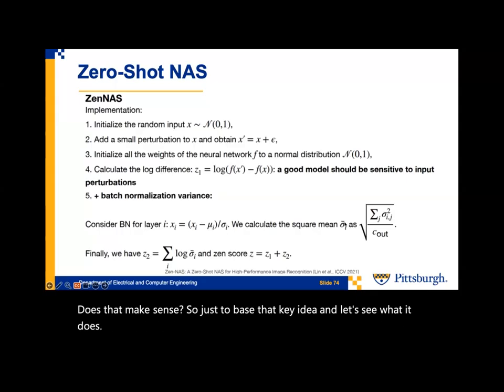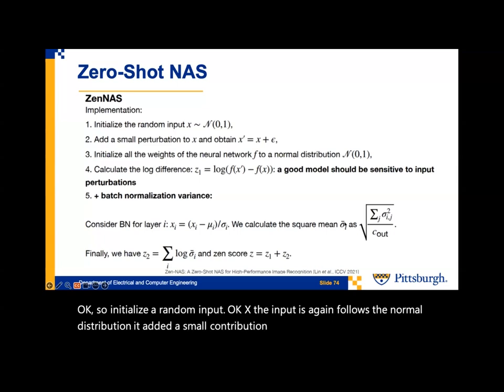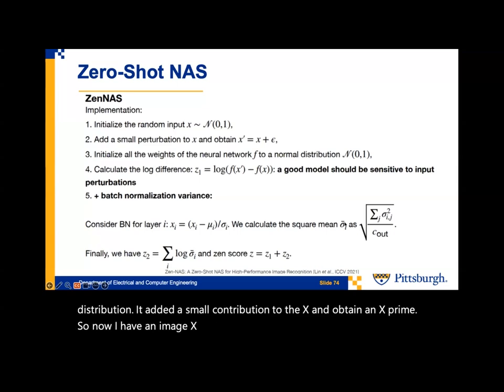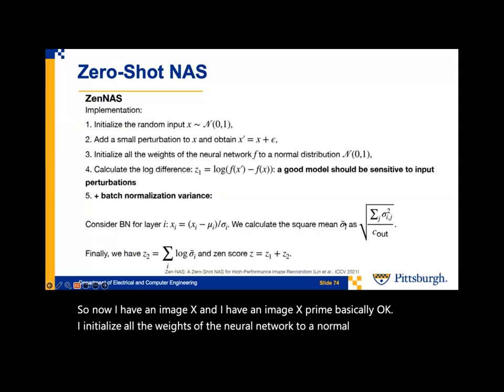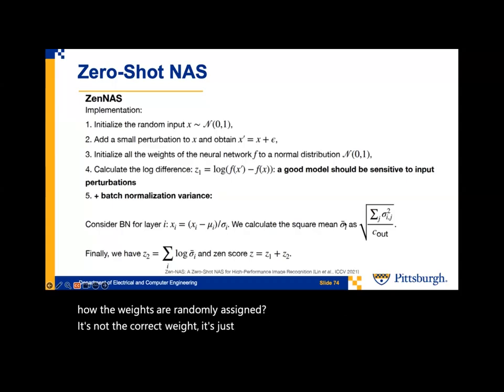It initializes a random input X. The input is random and follows the normal distribution. It adds a small perturbation to X and obtains an X prime. So now I have an image X and an image X prime. I initialize all the weights of the neural network to a normal distribution. So all the weights are randomly assigned. It's not the correct weight, it's just randomly assigned.